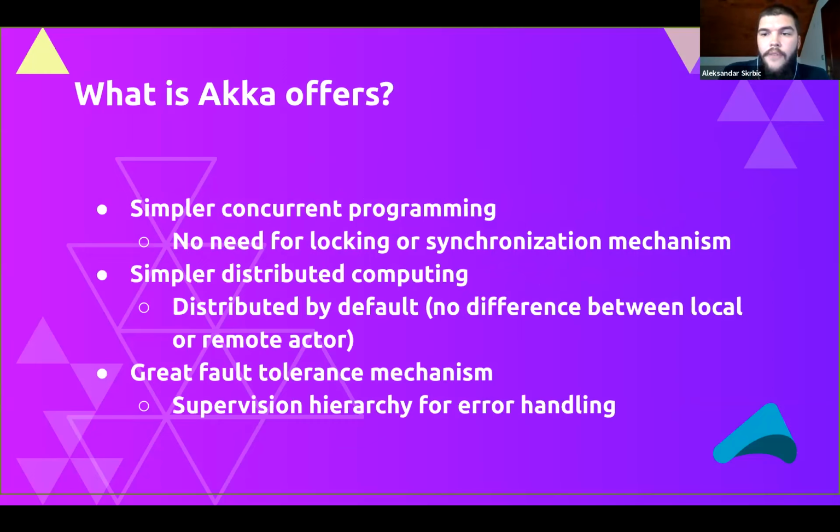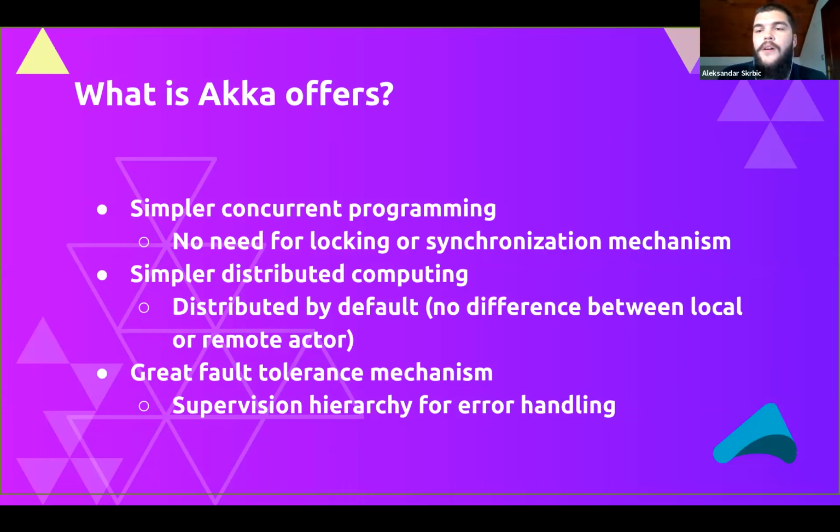What Akka offers us, and why we should consider using Akka, is a simple concurrency model. Basically, when you are programming with Akka actors, there is no need for complex operations like locking or synchronization. Distributed programming is pretty simple.